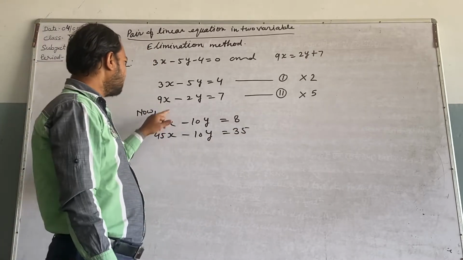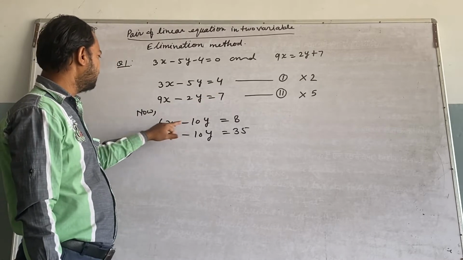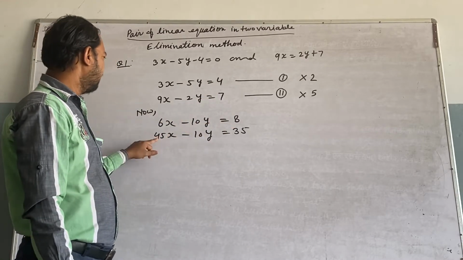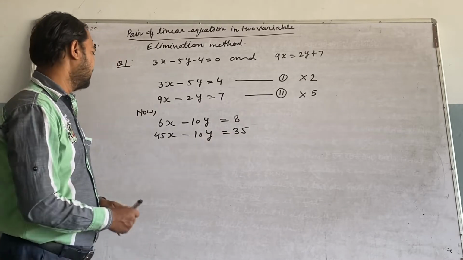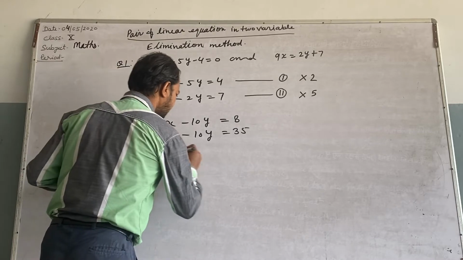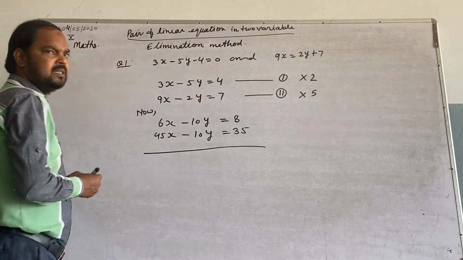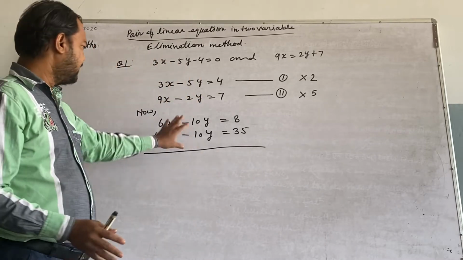Each and every term should be multiplied. Now you have to add or subtract so that it is cancelled out.